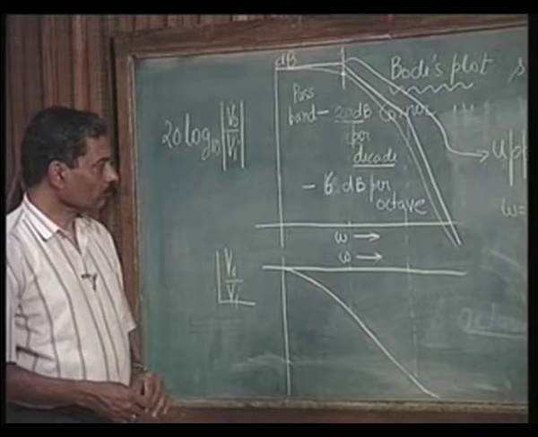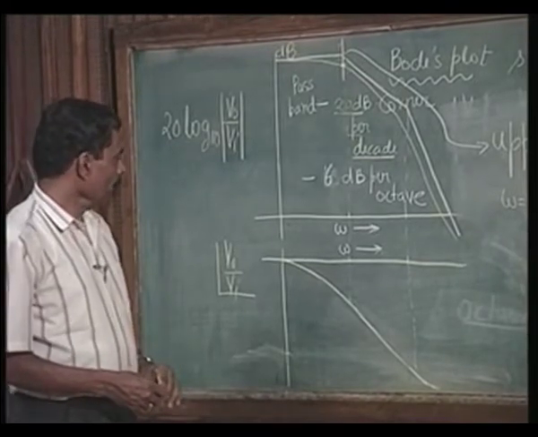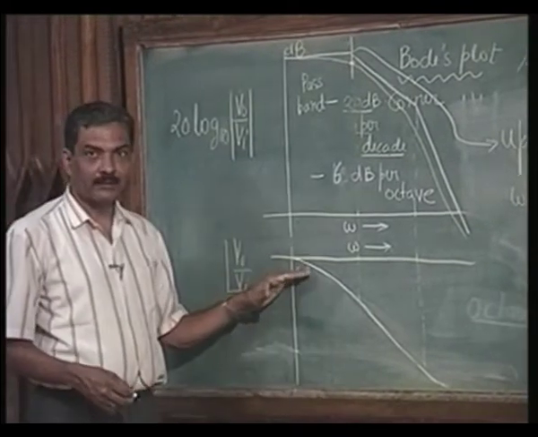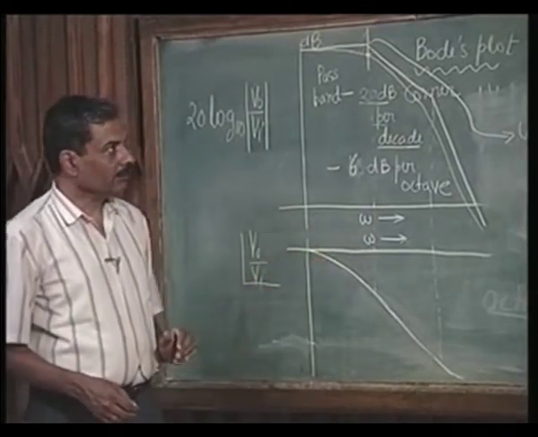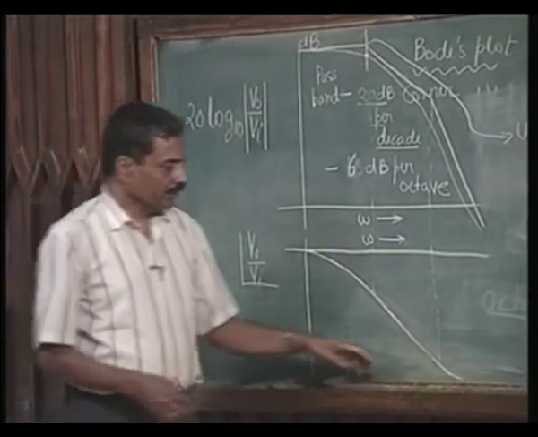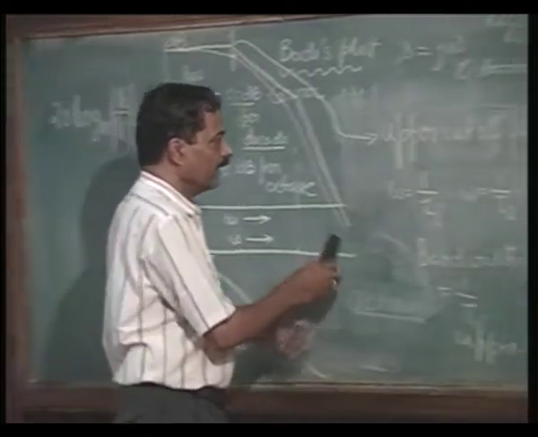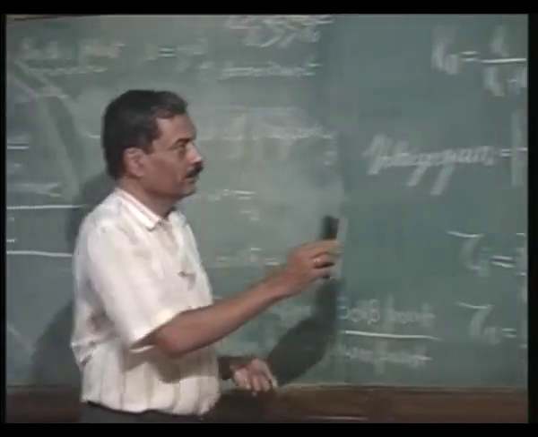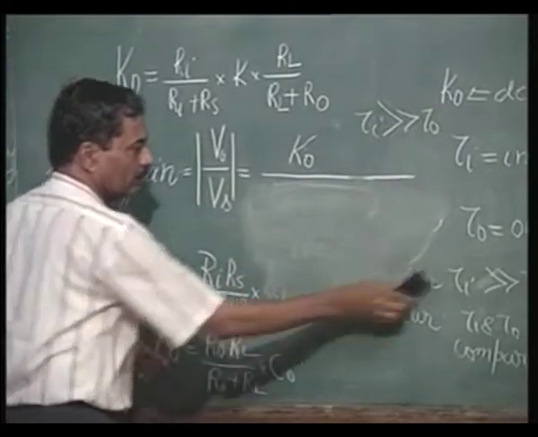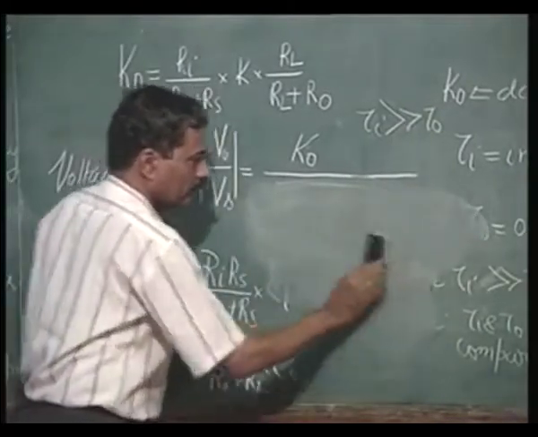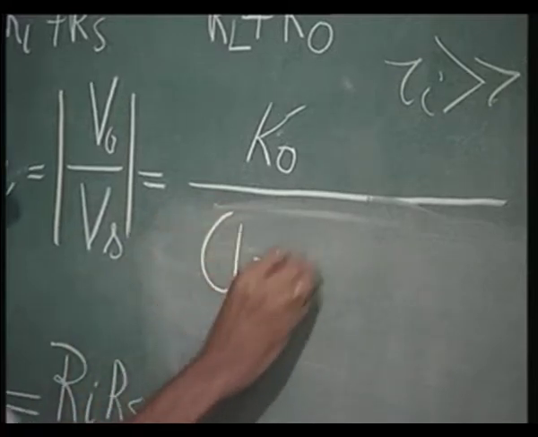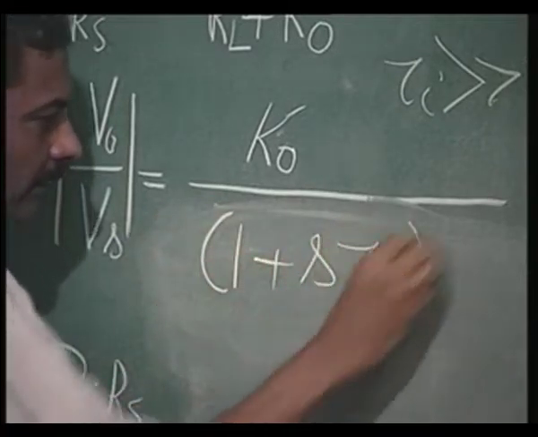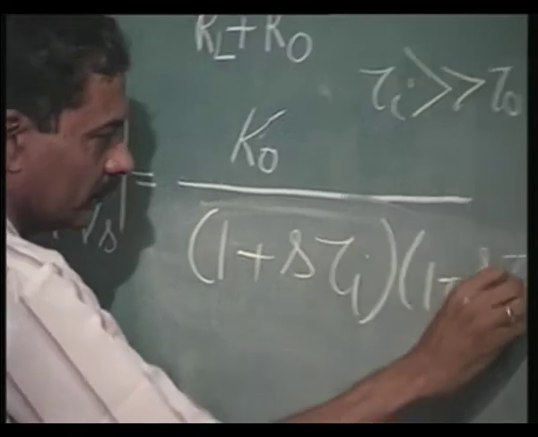Now, the phase information, this is also important. How do you get the phase? In this expression that we have, one plus S tau I to 1 plus S tau naught.